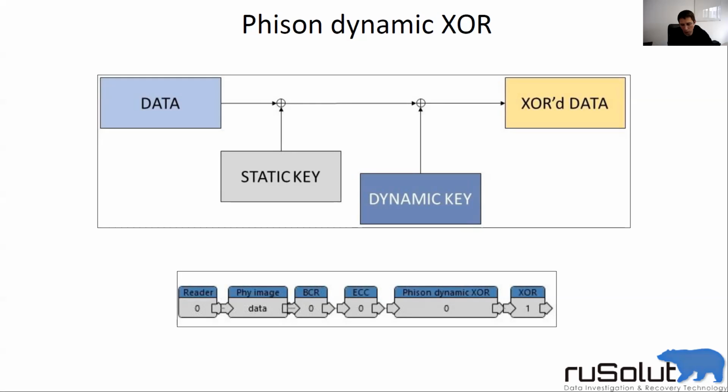So one static key is applied to each and every block. In case of Phison dynamic XOR, the controller will generate a new XOR key for each block. And that's why it's not possible to extract it from the dump, since each block will have a different key.